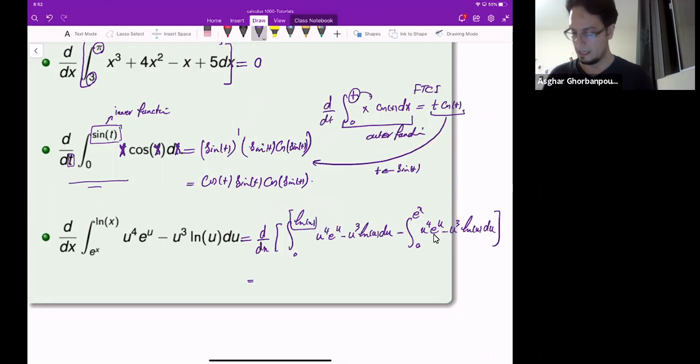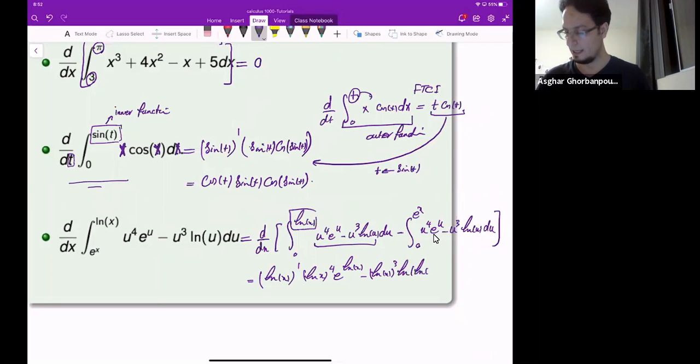The derivative of this one is ln x prime, times the integrand evaluated at ln x. So it will be ln x to the power 4 e to the power ln x minus ln x to the power 3 ln of ln x.